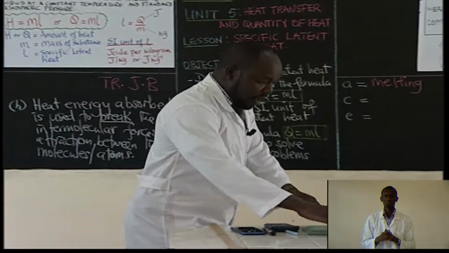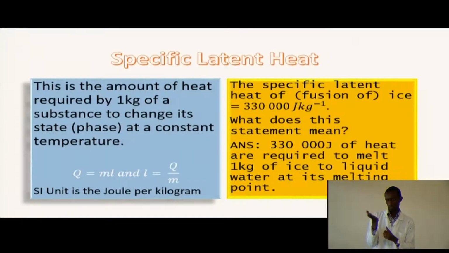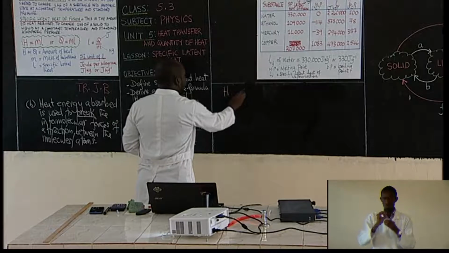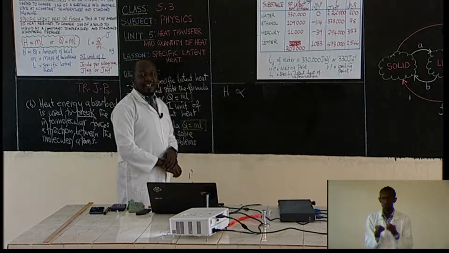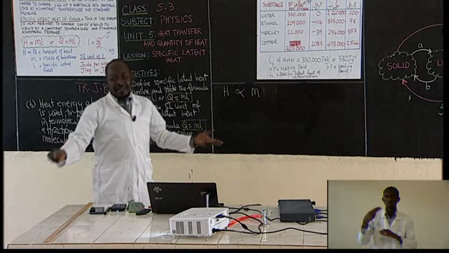Now, the factors that affect the amount of heat absorbed during change of state, unlike for specific heat capacity, we shall see that the amount of heat absorbed by a substance that is changing its state is proportional to the mass only.